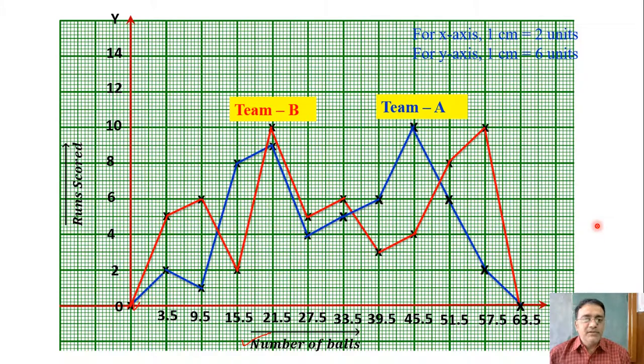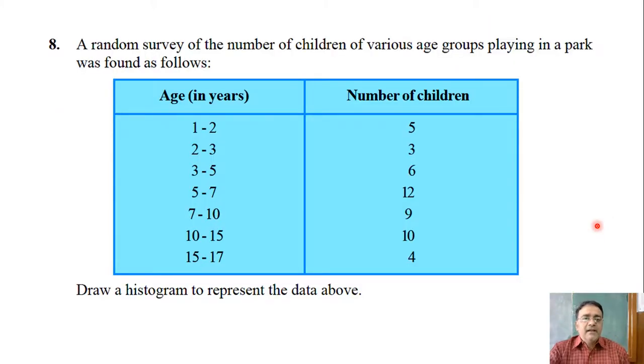Now let us move towards question number 8. A random survey of the number of children of various age groups playing in a park was found as follows. So we have to draw a histogram to represent the data above. Okay. So for a histogram, what were our conditions? Number 1, the class interval should be continuous.